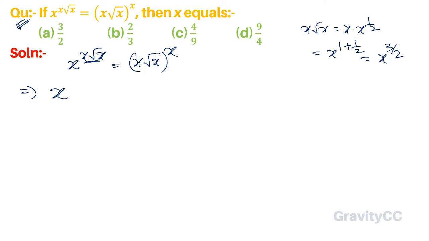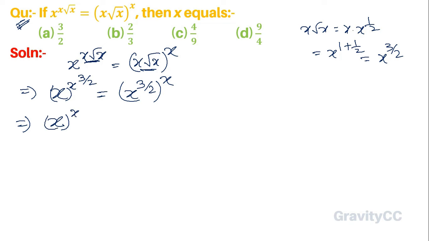So we can write x to the power 3 upon 2 equals, and we can write this as x to the power 3 upon 2. So it implies that x to the power 3 upon 2 is equal to x to the power, here the powers multiply, so it will be 3x upon 2. So here the bases are identical. So x to the power 3 upon 2 is equal to 3 by 2x.